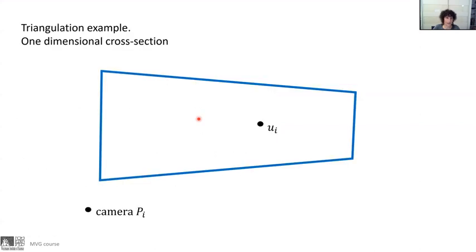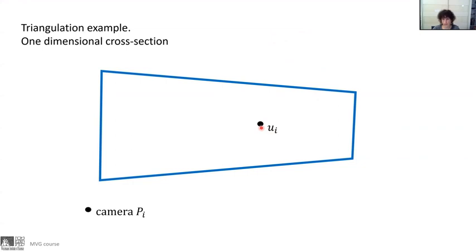Okay, so let's take a very, very simple triangulation example, where we make a one-dimensional cross-section. Here we have a camera whose parameters, location, and everything we know. We have the image, and we have a measurement of the projection of some 3D point, which I don't know. This is the projection of the 3D point somewhere in 3D space, and this is its projection in the 2D image.